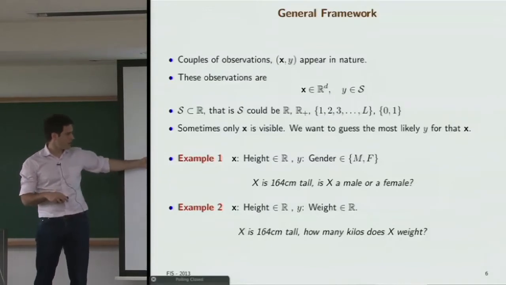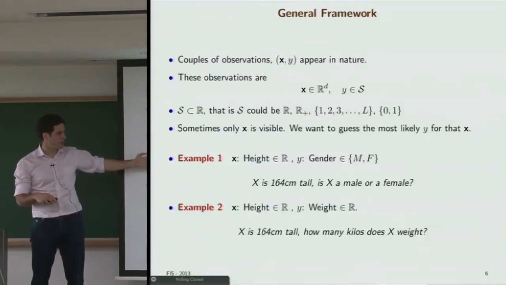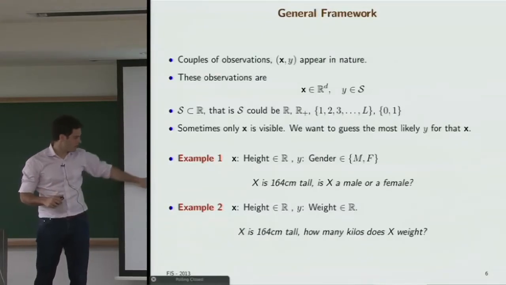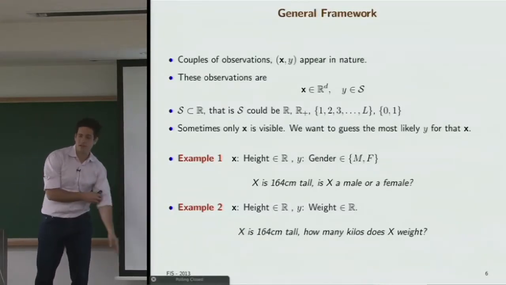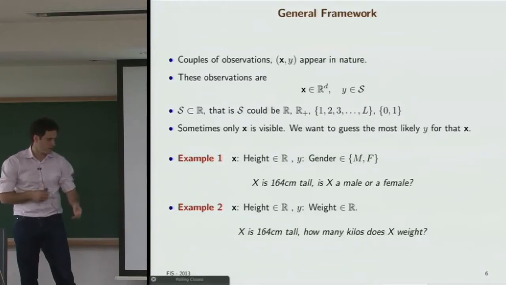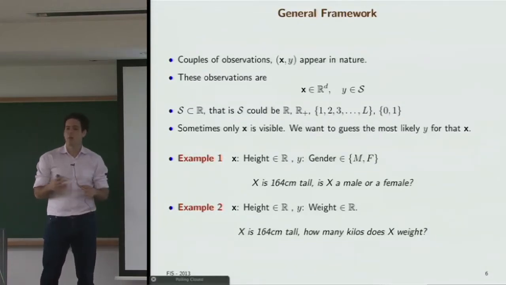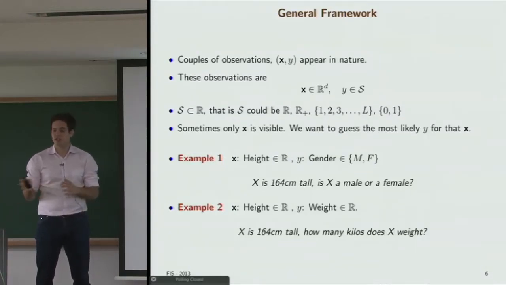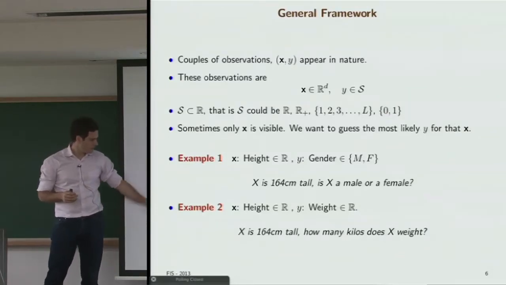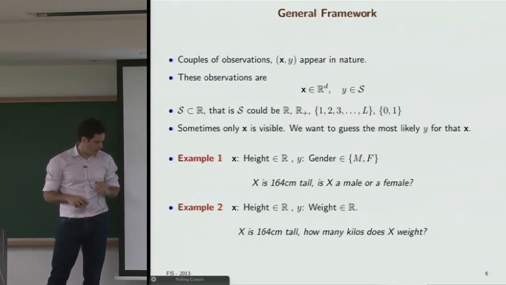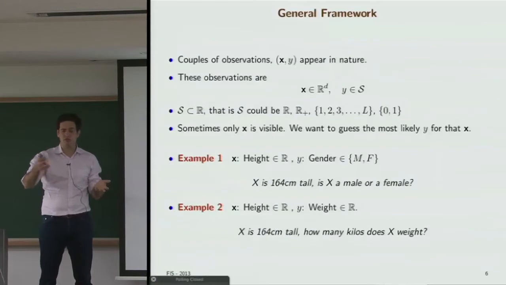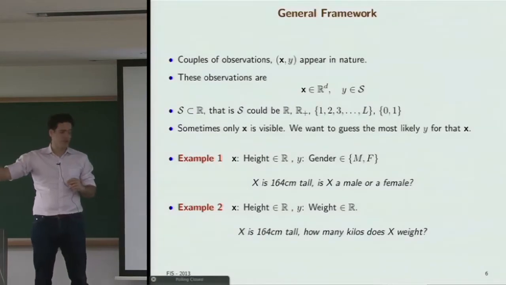So the problem is that sometimes only x is visible. We want to guess the most likely y for that x. We will use two examples repeatedly in the next two lectures. In the first lecture, we were using apartments and rents and surface and distance, etc. Here we will be using these two examples. The first one is, assume you just sample from the population and then measure the height of a person and the gender.